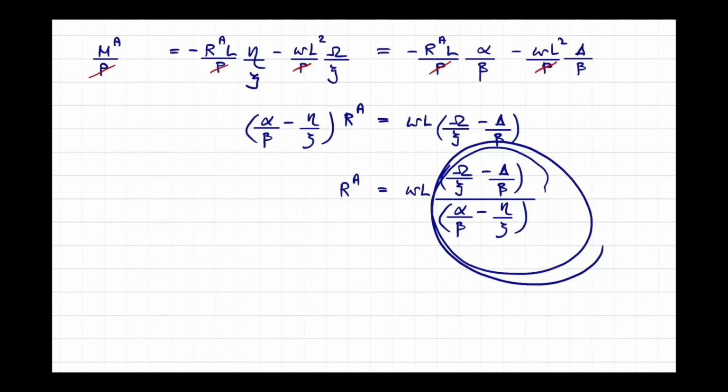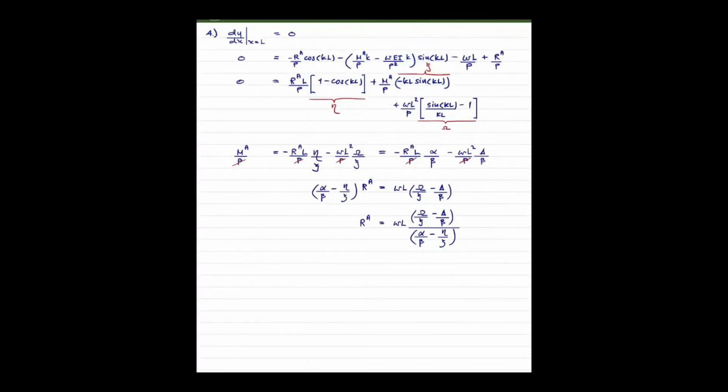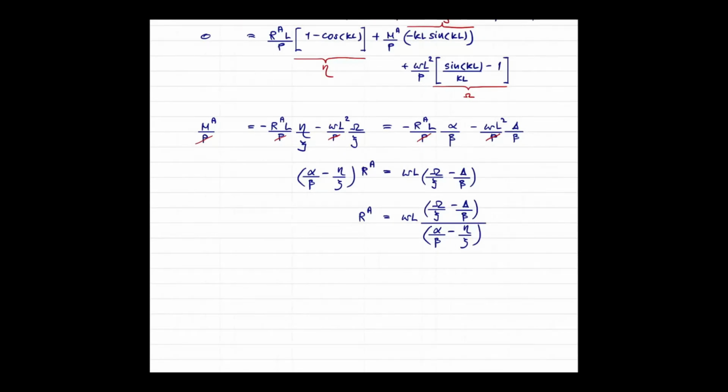RA will be 0.5 WL, but we've got to check. We just don't conclude and summarize this without seeing the real result. So M will be calculated from our RA, using either this equation or this equation.